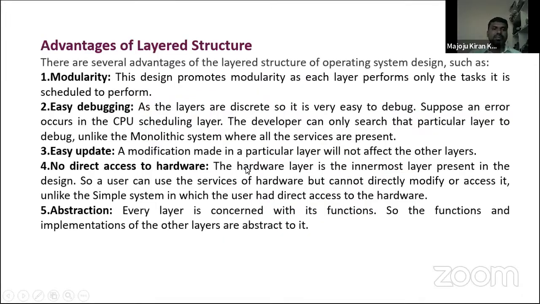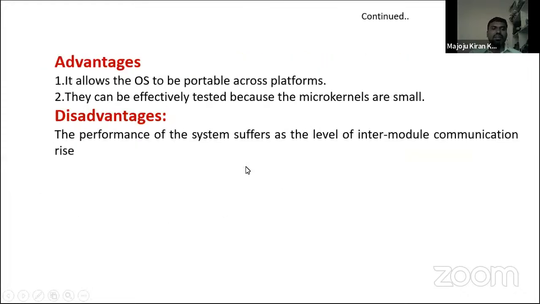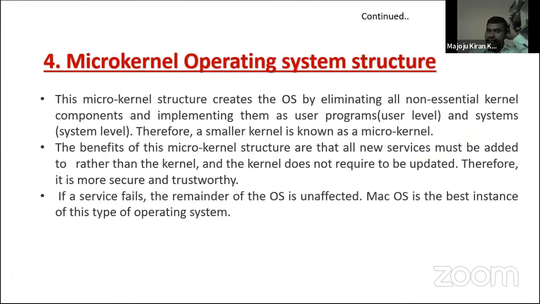But in the microkernel operating system structure, some of the non-essential components, especially the user programs at the user level and some of the system level, are combined into one smaller kernel, which is known as the microkernel.